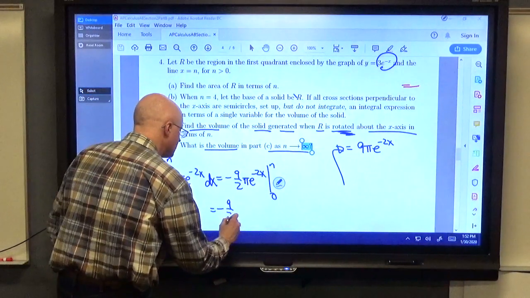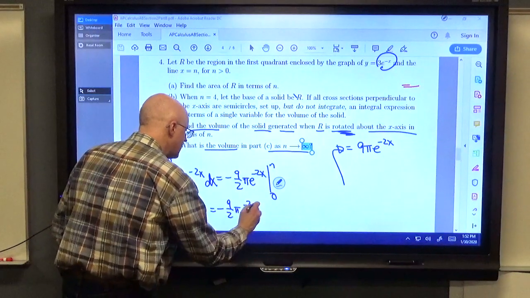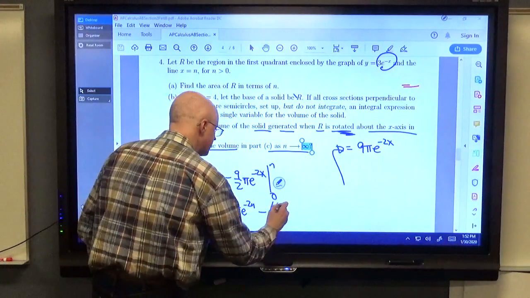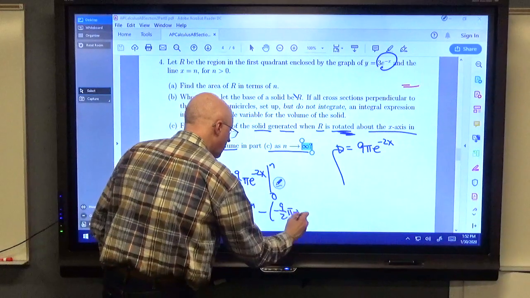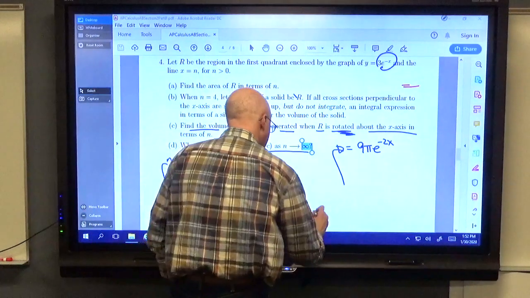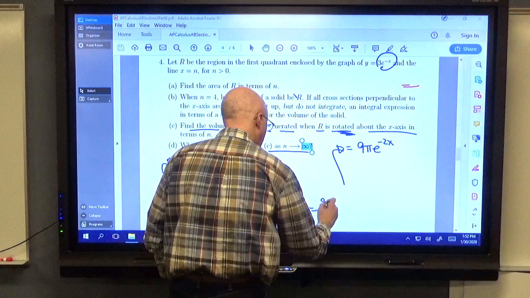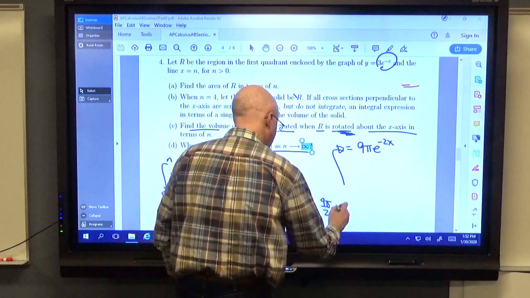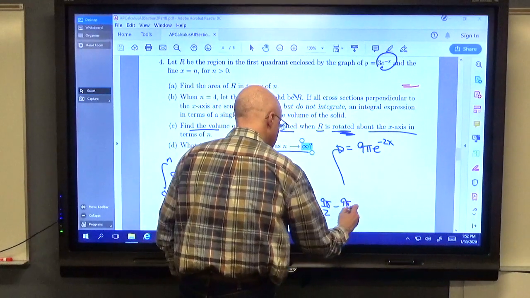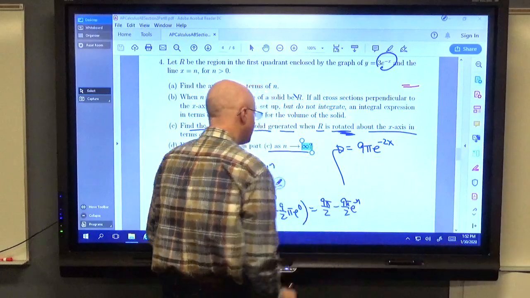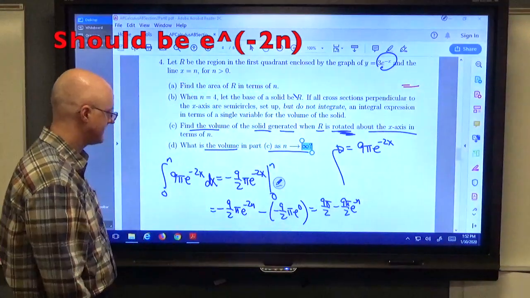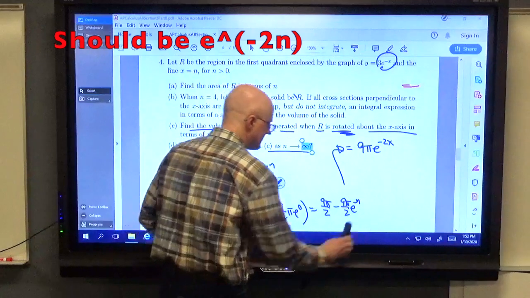Negative 9/2 pi e to the negative 2n minus negative 9/2 pi e to the 0. This is going to be 9 pi over 2 minus 9 pi over 2 e to the negative 2n. There's the answer to part C. That is a negative 2n there.